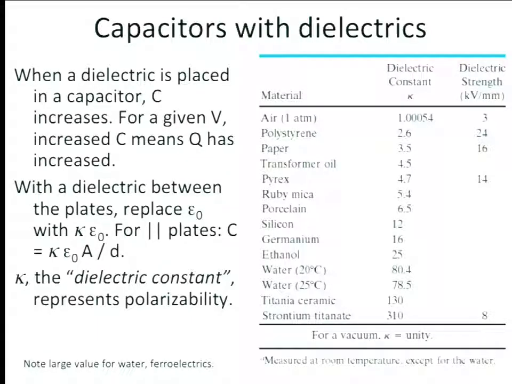And then, even bigger than that, look what happens if I put in titanium ceramic or strontium titanate. Remember I mentioned barium titanate, the ferroelectrics. 300 compared to 3. 100 times more, because you're dealing now with a ferroelectric.